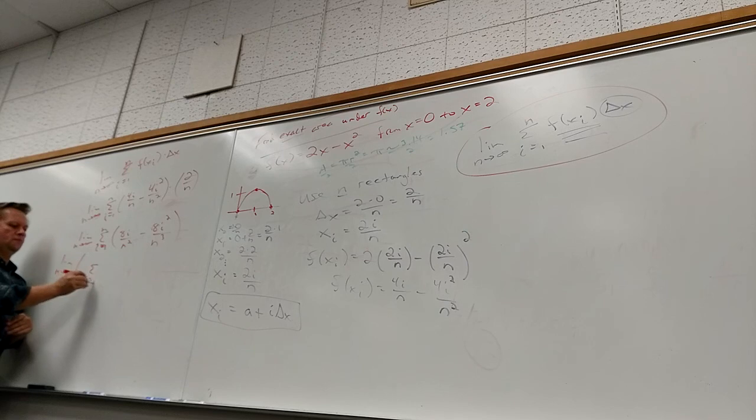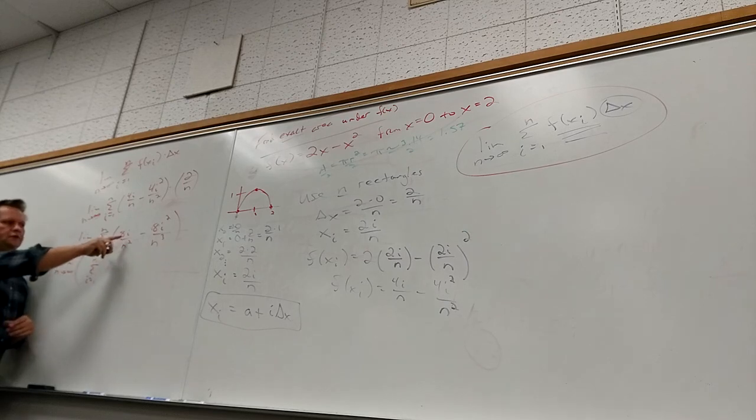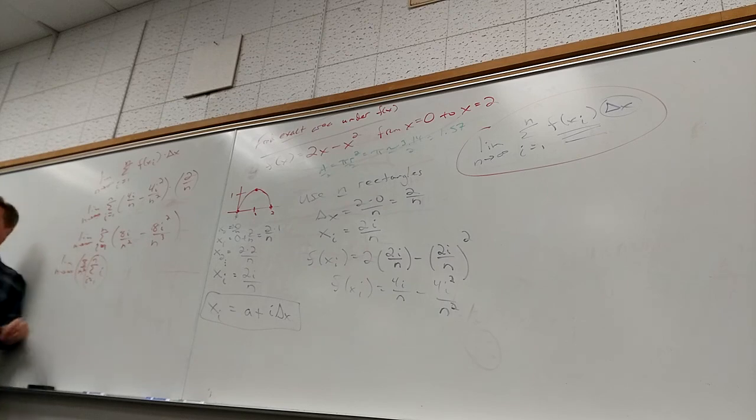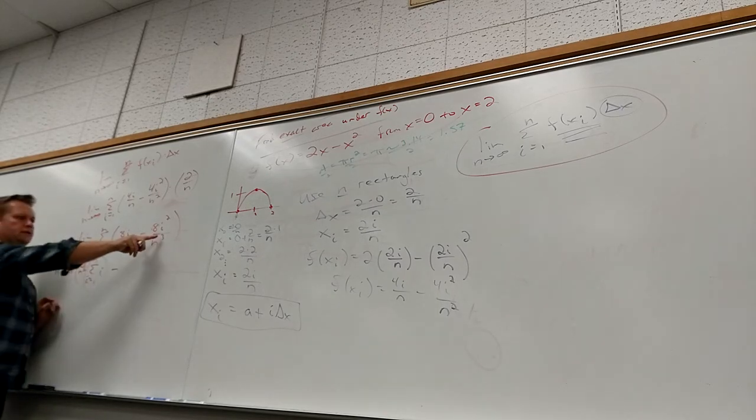So you get the sum. What comes out? What does not depend on i? 8 over n squared. And what is this guy? Isn't this one of the ones we just talked about earlier? Yes, that's 1. Minus, what comes out of this guy?